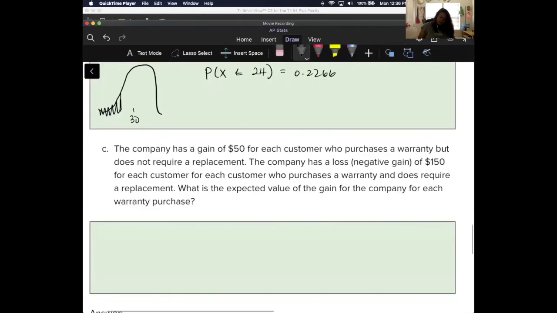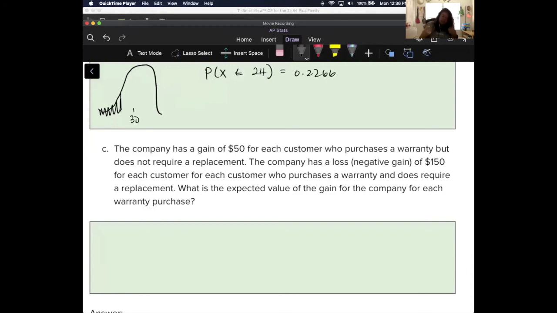The company has a gain of $50 for each customer who purchased a warranty but does not require a replacement. The company has a loss, a negative gain of $150, for each customer who purchased a warranty and does require a replacement. What is the expected value of the gain for the company for each warranty purchase? Well, remember that this warranty only occurs for 2 years, right?